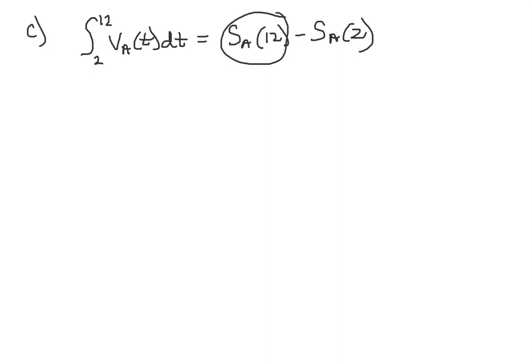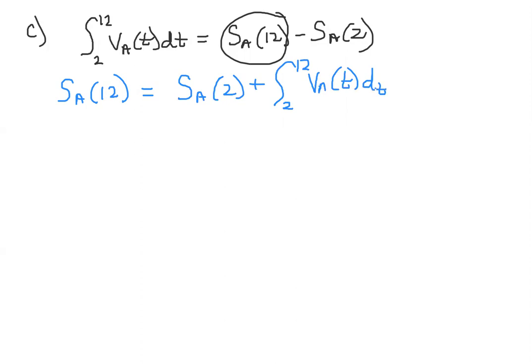It wants you to write an expression that involves the position of the train. So rearranging this formula right here, the position at time t equals 12 equals the position at time t equals 2 plus the integral from 2 to 12 of v of a of t dt.